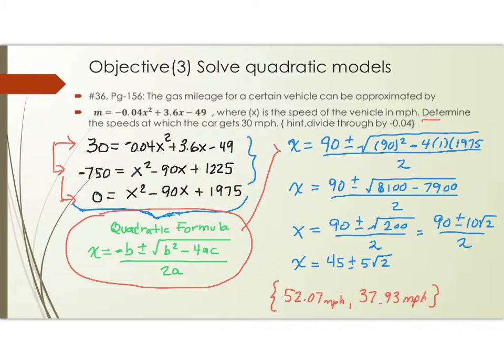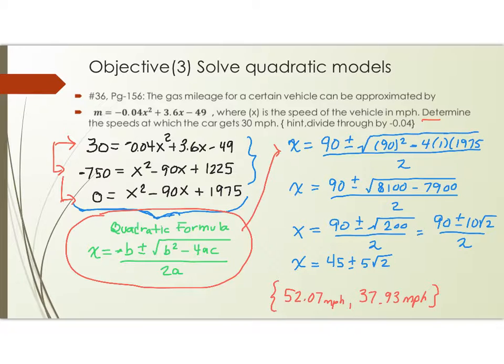So now I put it into the quadratic formula. X is equal to 90 plus or minus the square root of 90 squared minus 4 times 1 times 1975 divided by 2. That is the formula for the quadratic for x in this particular case.